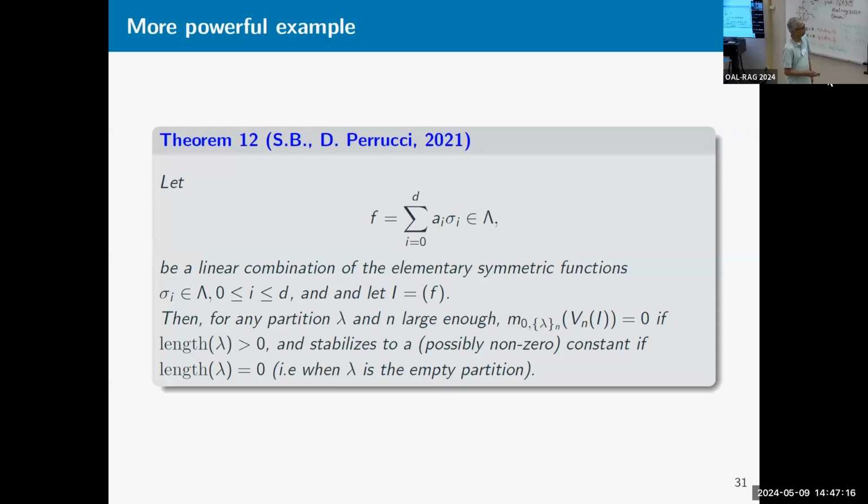And then we can prove that the conjecture still holds: if lambda is not the empty partition, then the multiplicity is 0. And if it is the empty partition, then it stabilizes to not just a polynomial, but to an actual constant.